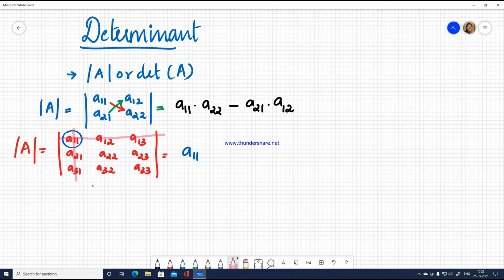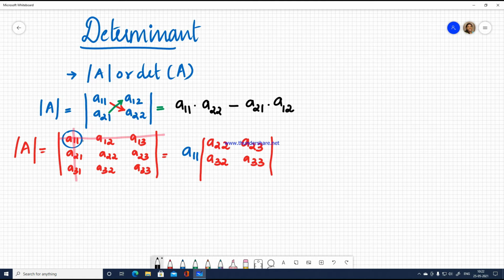This sub-matrix is called a minor. So I write A11 into, in determinant form, A22, A23, A32 and A33.